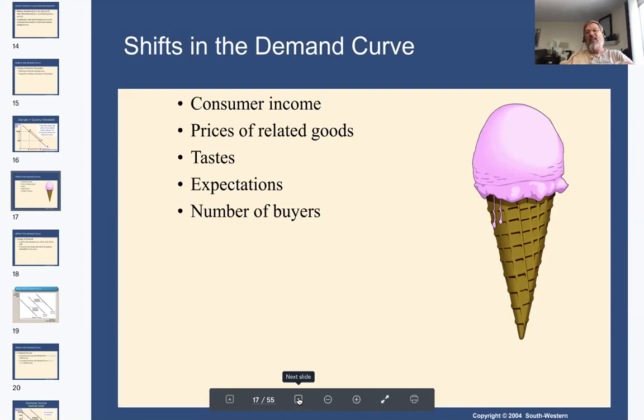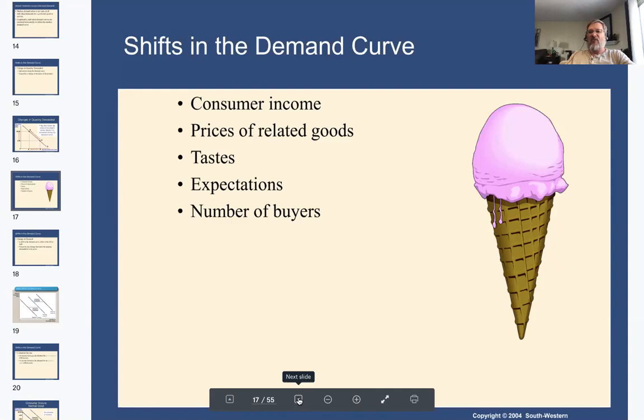Or if they think prices are going to go up tomorrow, something happens, they're like, uh-oh, I know the price of, and this happens a lot of times in agricultural commodities like orange juice. So you guys may not know this, but big agricultural products are traded every day on the Chicago Mercantile Exchange.